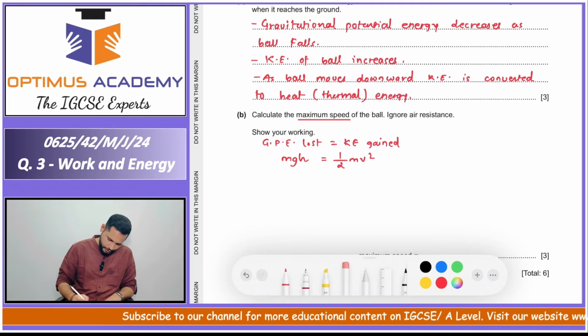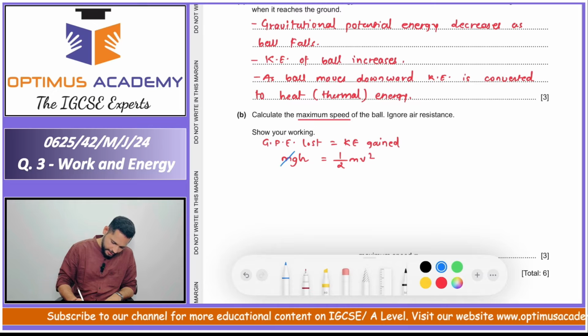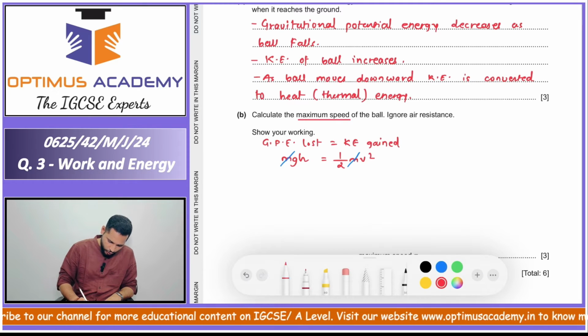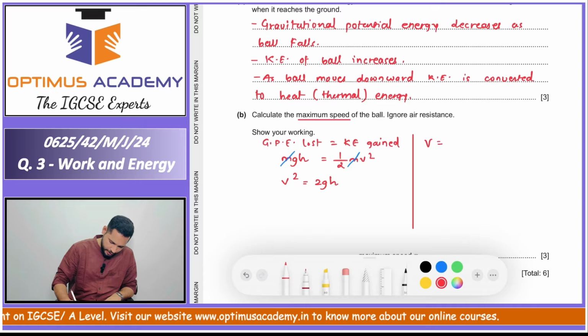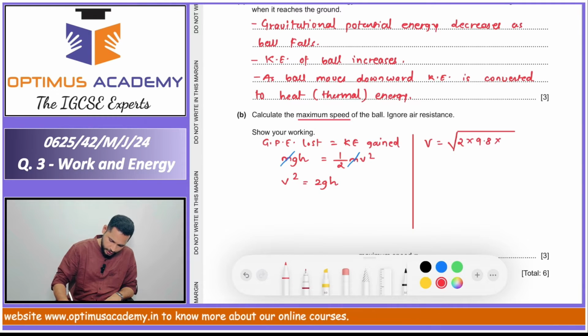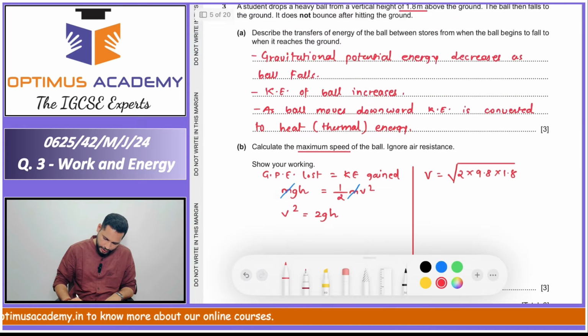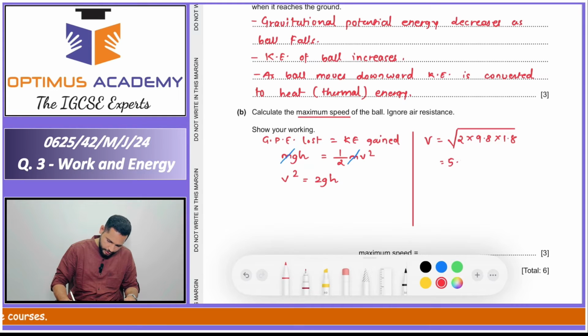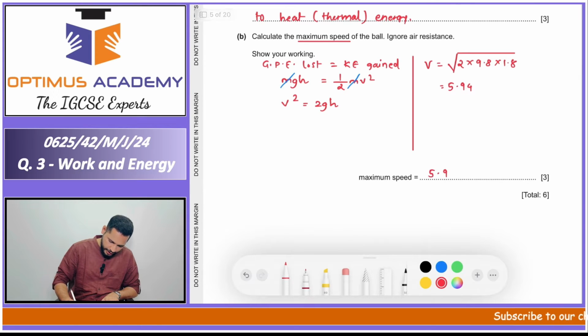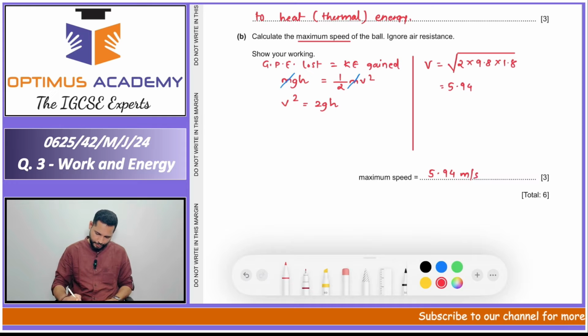So mass from both sides will be cancelled and we will get the formula for v square, that is equal to 2gh, and so v will be under root of 2 into g into the height, that is 1.8 meter. The answer is 5.94. So we can write 5.94 meter per second.